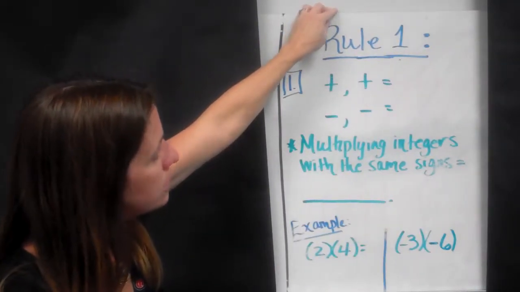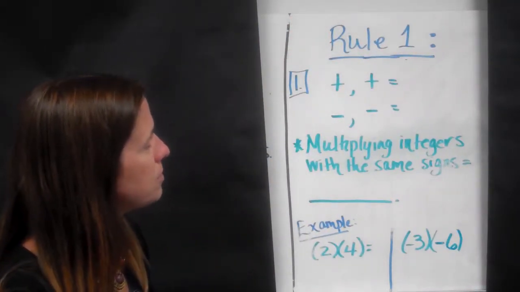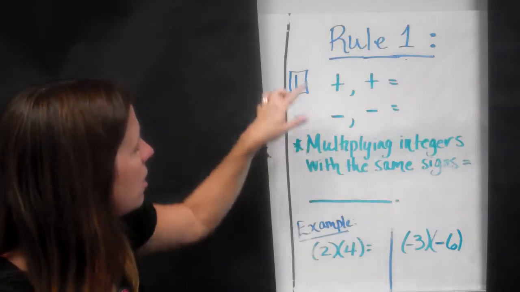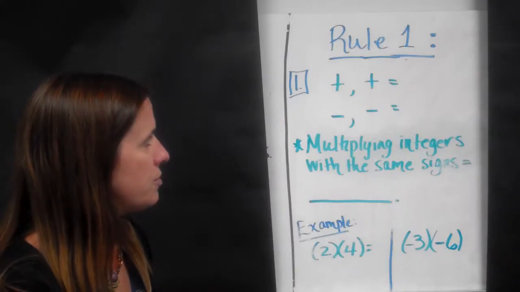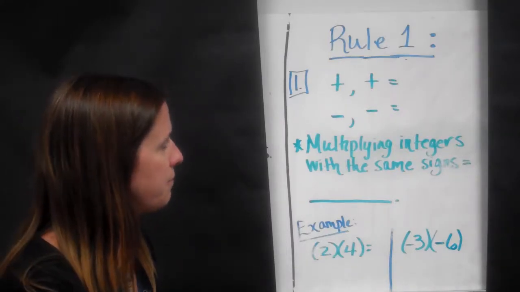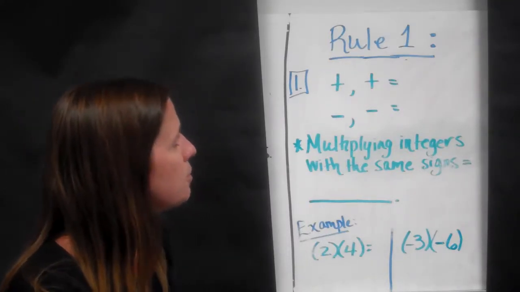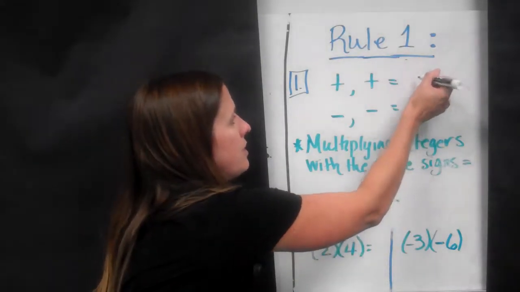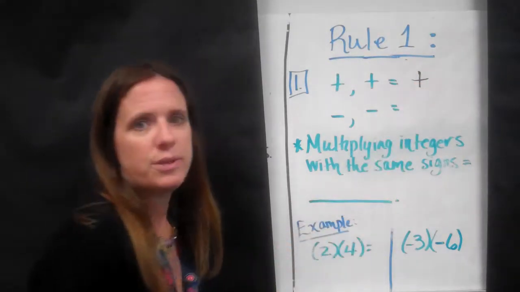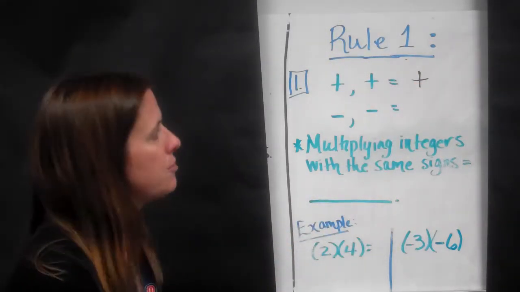Okay, there are two rules that go with multiplying integers. There's two kinds of integers that we have, the positives and the negatives. For rule number one, when you're multiplying two positives, you're going to get a positive as your answer. And that's something that you've been doing since you learned your multiplication facts in elementary school.